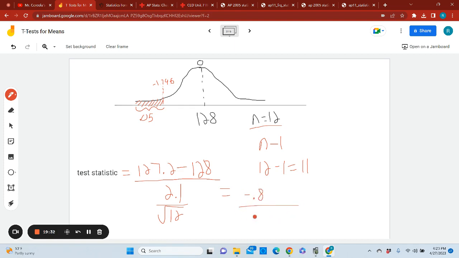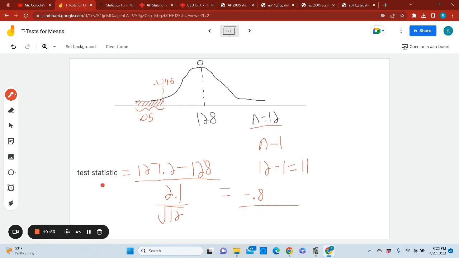So we didn't even fall one full ounce below average. We were only 0.8 ounces below average.